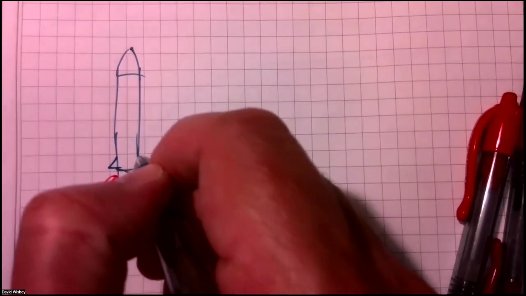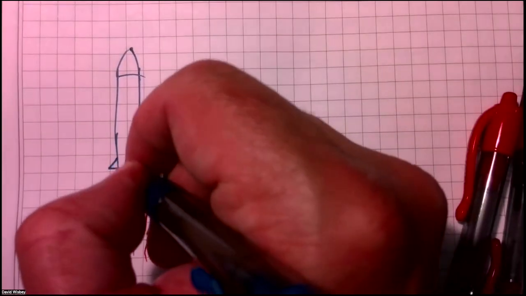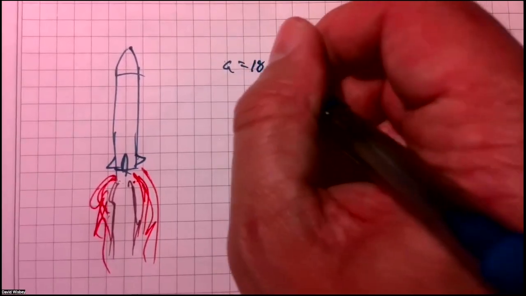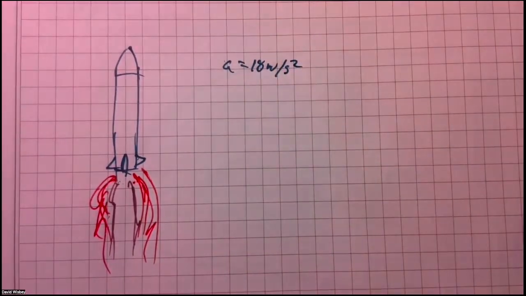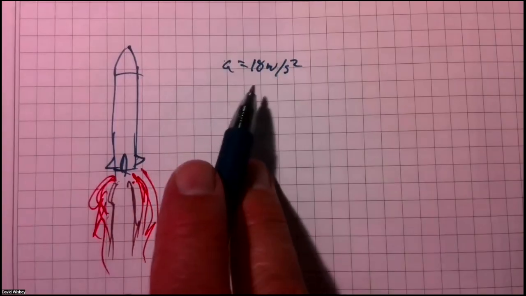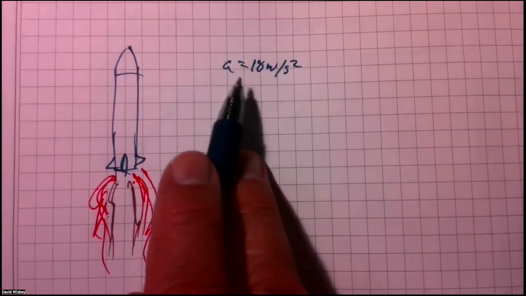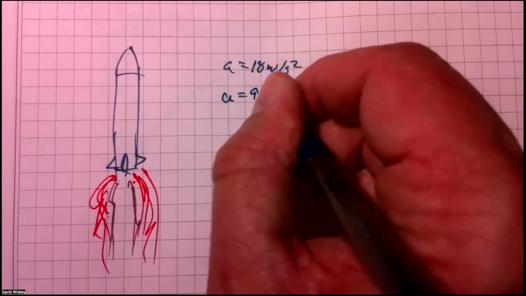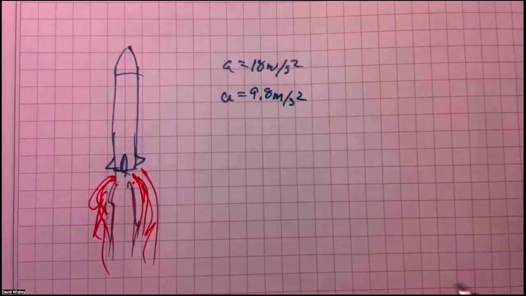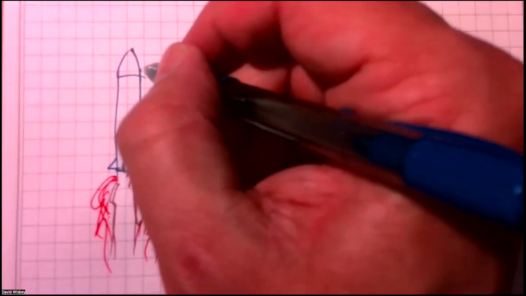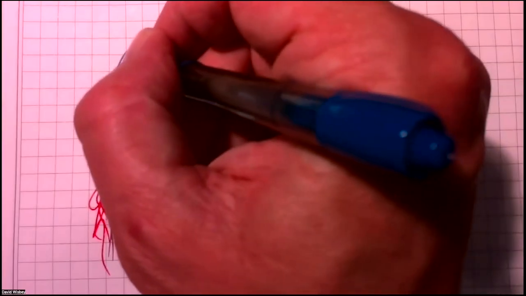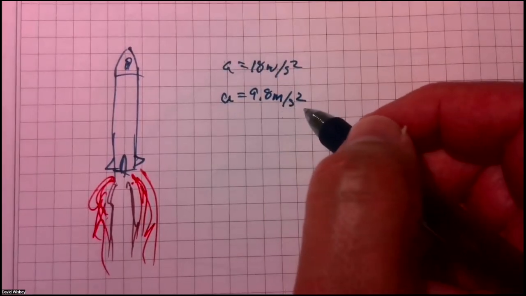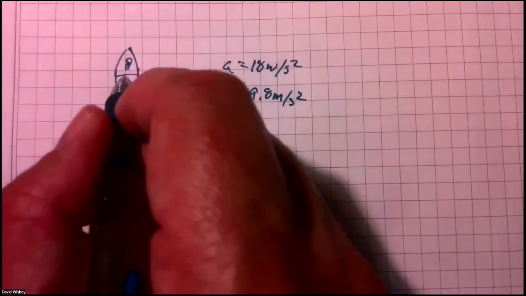Okay. So here's my rocket. And let's do an example. We know that our acceleration is 18 meters per second squared. And if you saw the Hail Mary project, this is really cool because actually, if you had a rocket that was accelerating at 9.8 meters per second squared, and your guys were standing up here in the little space capsule on the top, it's going to be like you're standing on Earth.